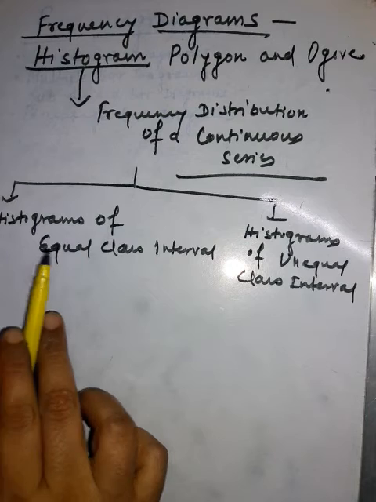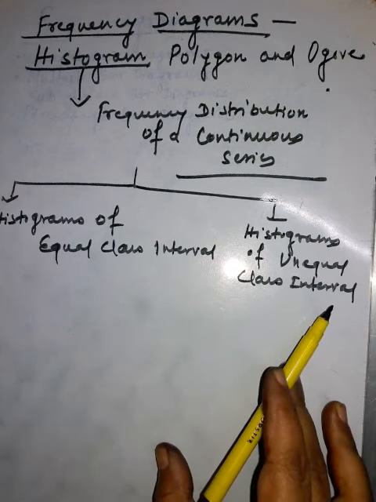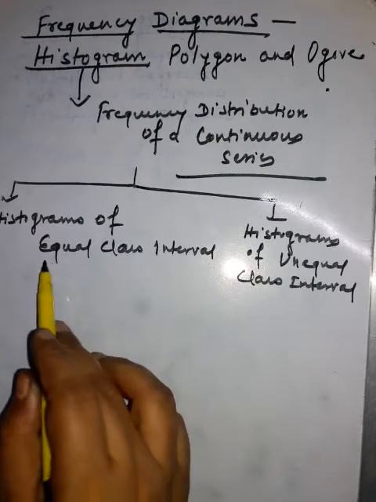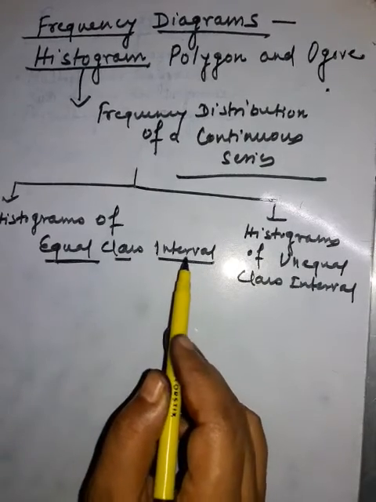A histogram can be drawn with equal class intervals and with unequal class intervals. First I will discuss the histogram of equal class interval.